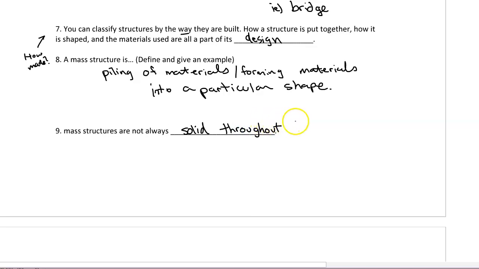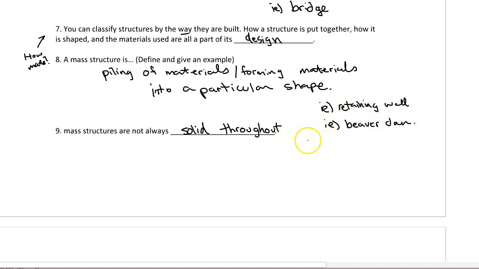So an example might be something, let's say, like a retaining wall. A retaining wall would be one example. Another example might be something, let's say, like a beaver dam. These things do not need to be solid throughout.